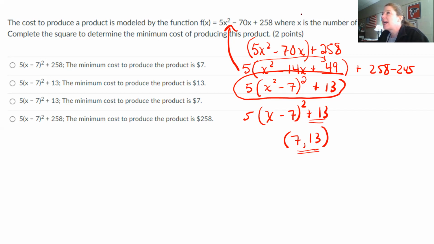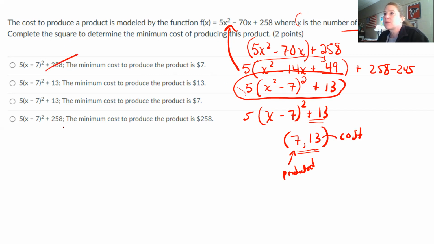It says right here, x is the number of products produced, so they produced 7 products, and that y must be the cost. Here we have the equation we're looking for.